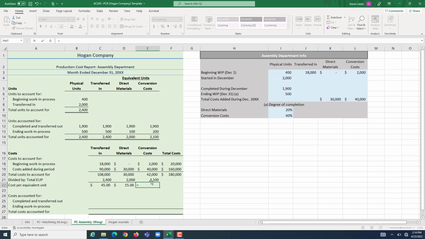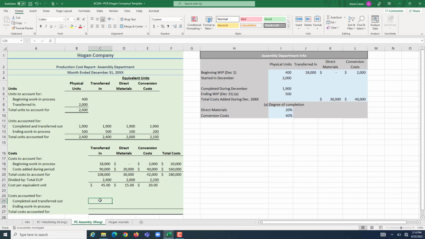And then we had $42,000 worth of conversion costs, which we know from our equivalent units of production is enough to fully assemble 2,100 gonculators. So if it costs $42,000 to assemble 2,100 gonculators, it costs $20 per gonculator in conversion costs for the things that we do which are unique to the assembly department.